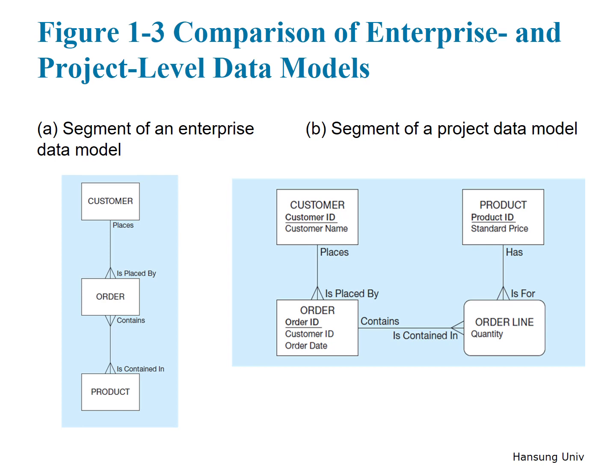Figure 1-3, comparison of enterprise and project level data models. A. Segment of an enterprise data model. B. Segment of a project data model. Here we see the distinction between an enterprise level data model and the project data model.